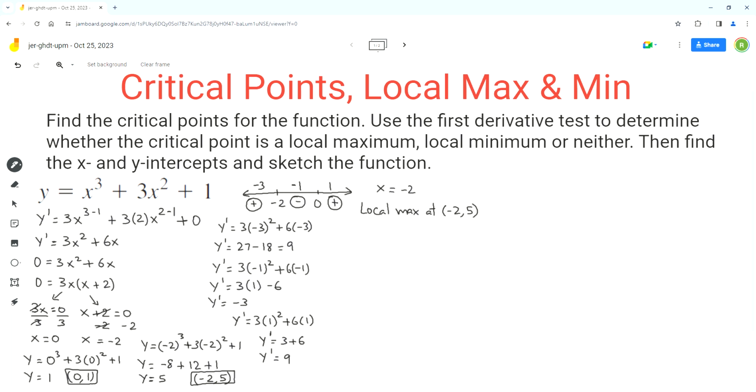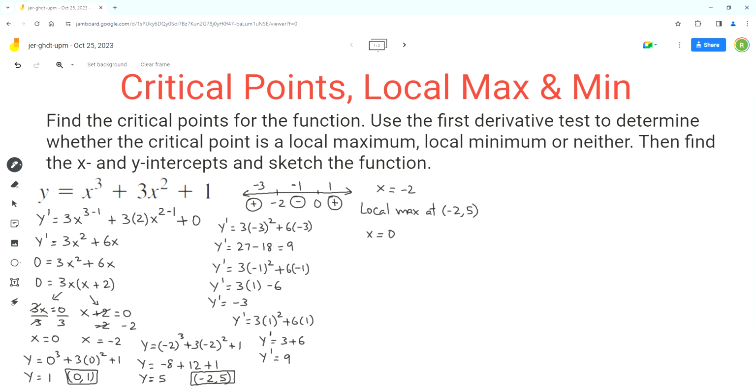Now we can analyze the other critical number, which is x equals 0. Now to the left side of x equals 0, the function is decreasing because y prime is negative. But to the right side of 0, y prime is positive, so the function is increasing.